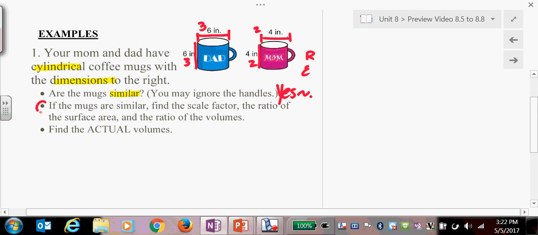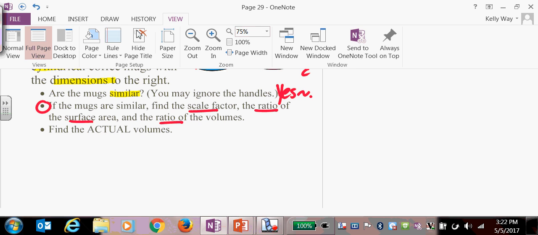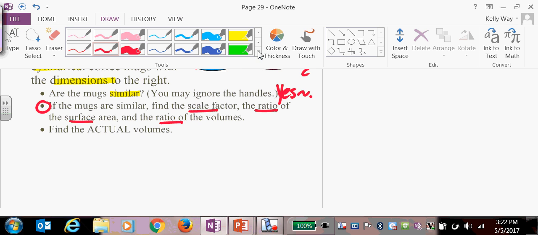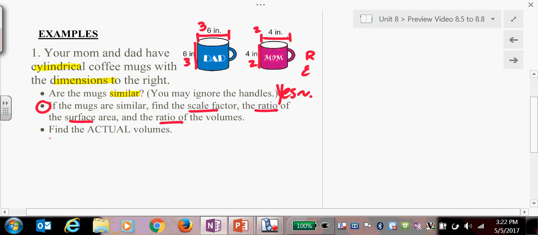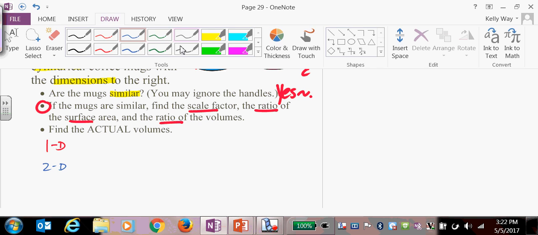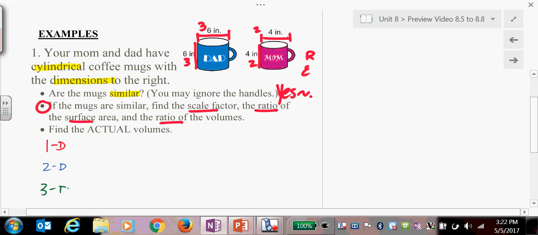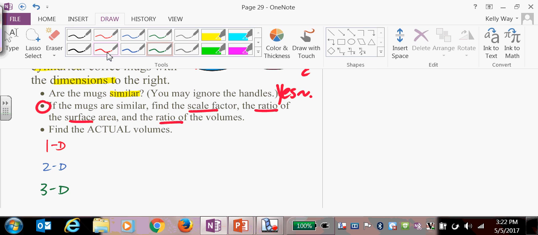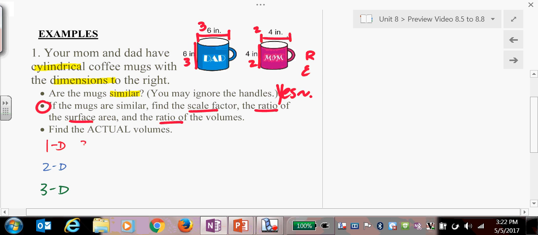Second thing says, if they are similar, find the scale factor, the ratio of the surface areas, and ratio of the volumes. Watch very carefully. Learn to do this in the margin. We're going to write 1D, 2 dimensions, 3 dimensions. Our first dimensional ratio is going to be 3 to 2.